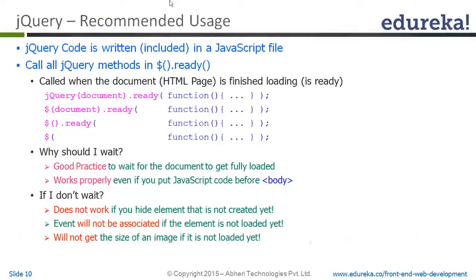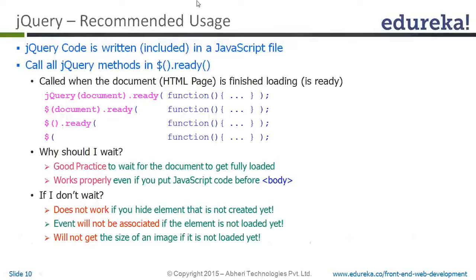Note that, as I said, jQuery code is written inside a JavaScript file. jQuery code can be called whenever the document is loaded. When the HTML document has been loaded into the browser, your document is ready for rendering, and then the user will view your web page.